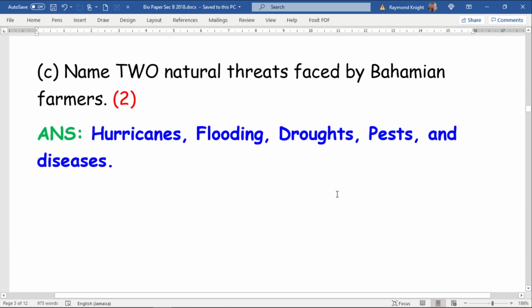So part C of this question now reads: name 2 natural threats faced by Bahamian farmers. And for 2 marks, natural threats could be a whole list of them. And so we have hurricanes as a possibility. Flooding could be another possibility, which is generally unlikely, but it's possible.